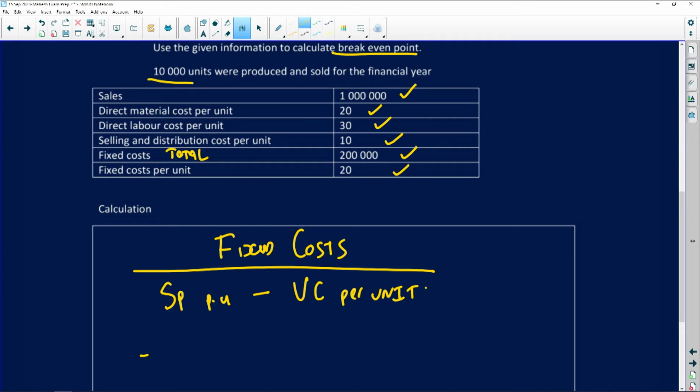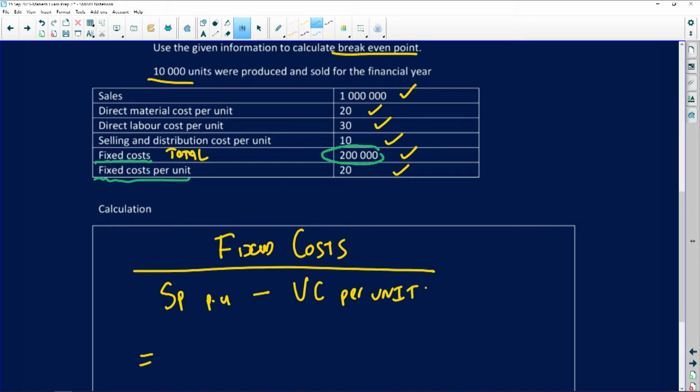Okay, right, now let's start with fixed costs. Now from the information given, as you can see, I've got total fixed costs for the year as well as fixed costs per unit. Now which one do I use? Do I use fixed costs per unit, or do I use the total fixed costs? And the answer to that is you always use the total fixed cost.